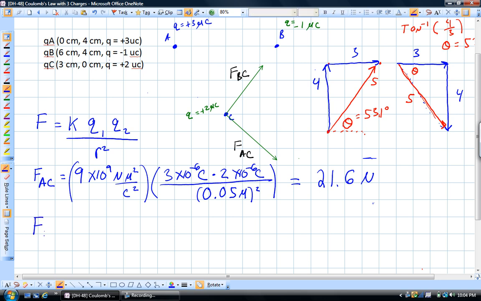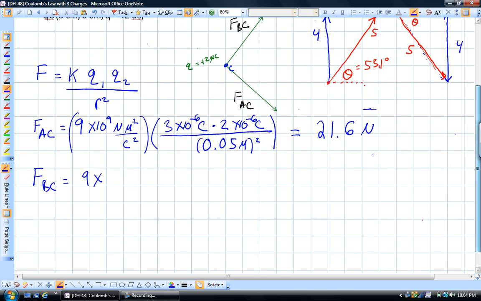Similarly, you can get a force between B and C, and that's going to be the same constant, 9 times 10 to the 9th newtons meters squared over coulomb squared.